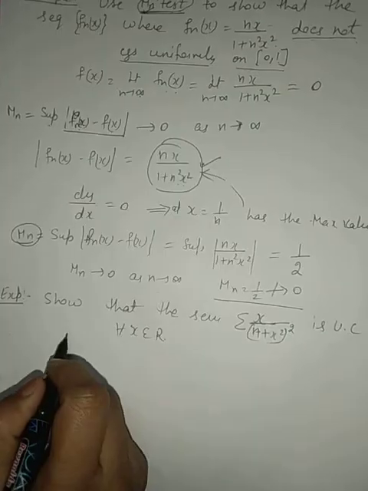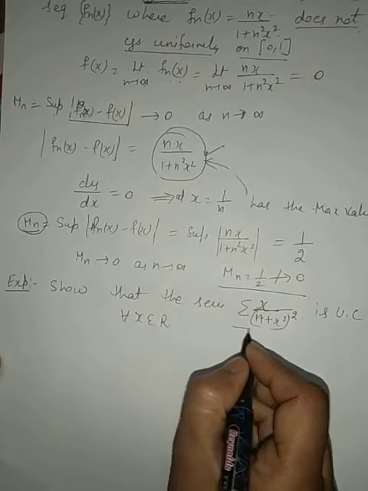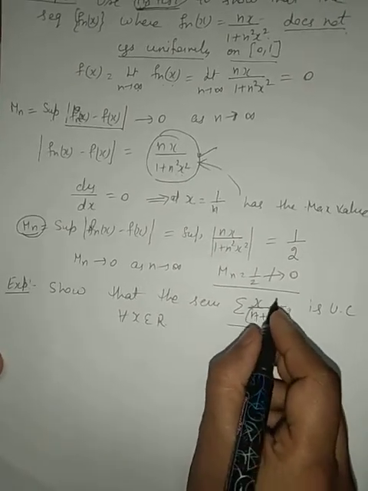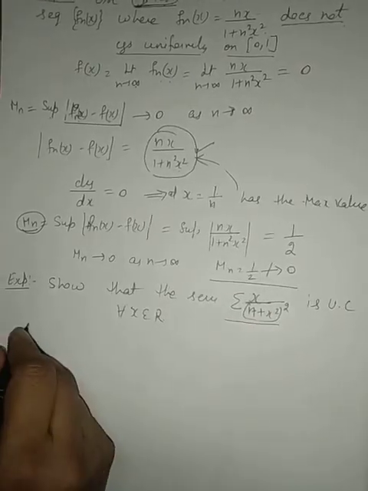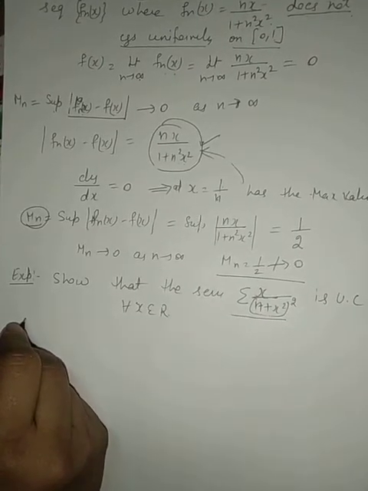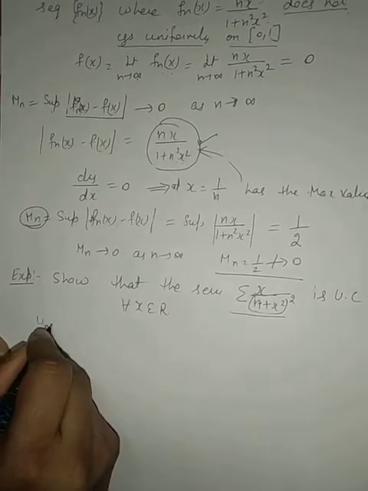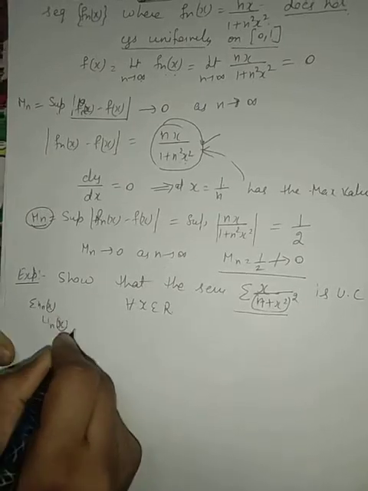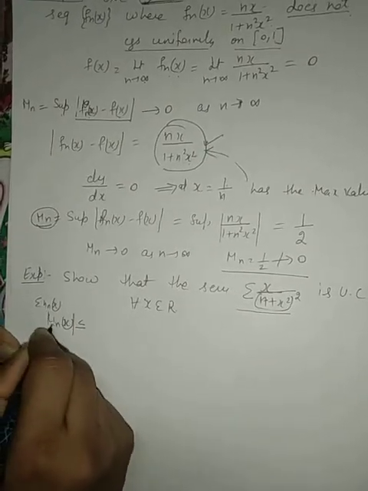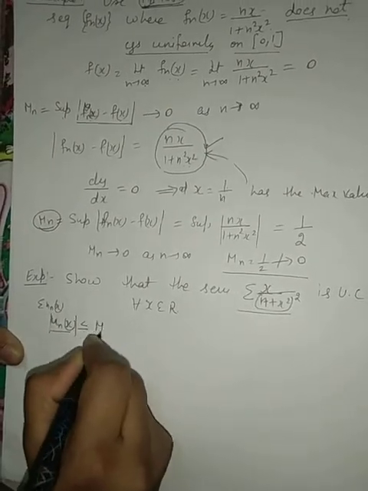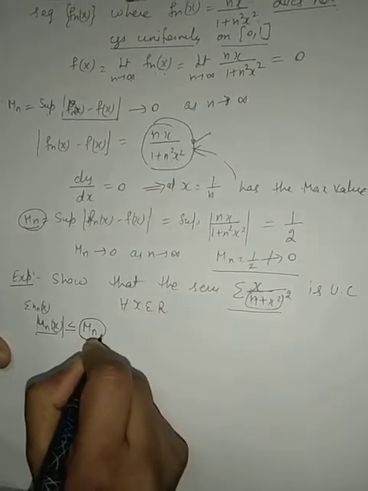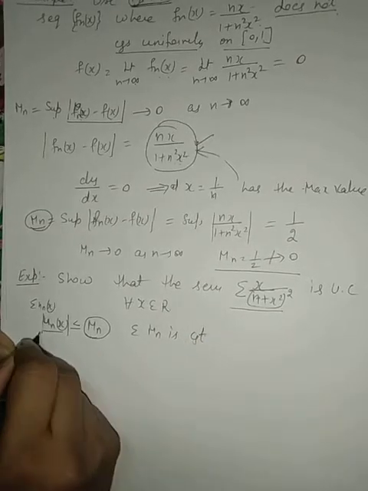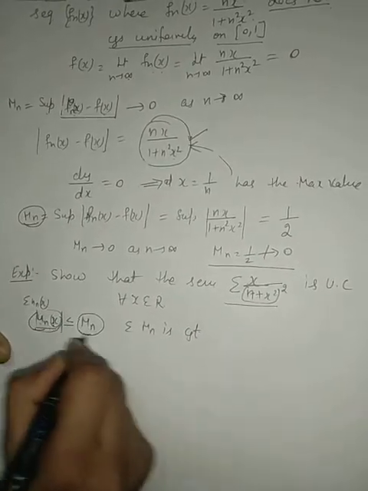now this is a question on series. We have to check if the series is uniformly convergent, and in the last lecture we discussed the Weierstrass M test for series: the series sigma un(x) is uniformly convergent if each term of the series is less than or equal to Mn, and if sigma Mn is convergent.